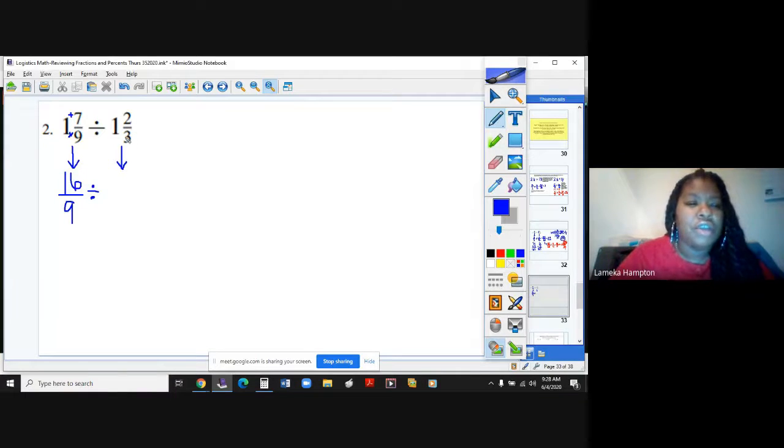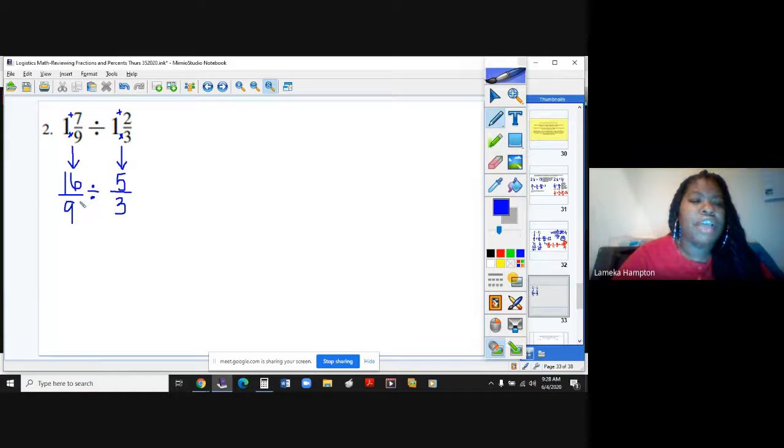So I have 3 multiplied by 1, that gives me 3. And I'm going to add 3 to 2, which gives me 5. 5 is now going to serve as my new numerator, and I'm going to keep the same denominator.